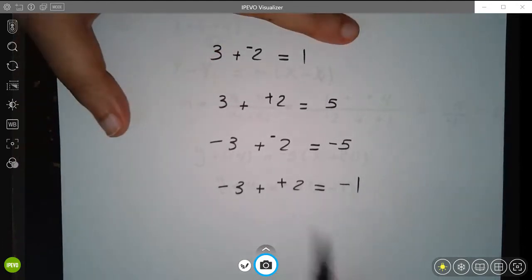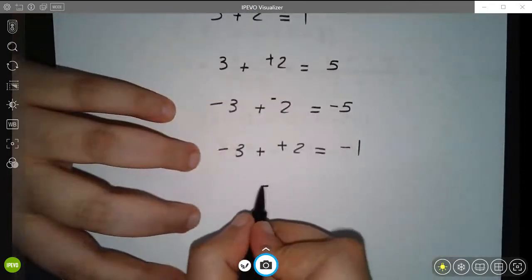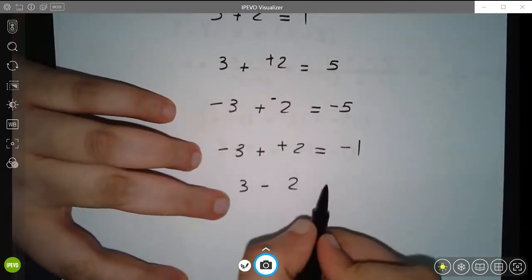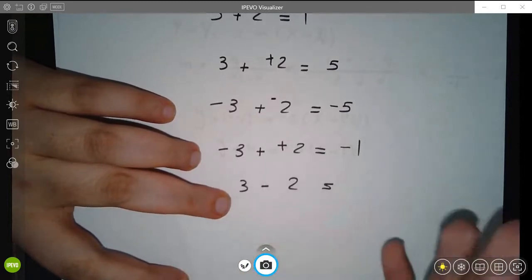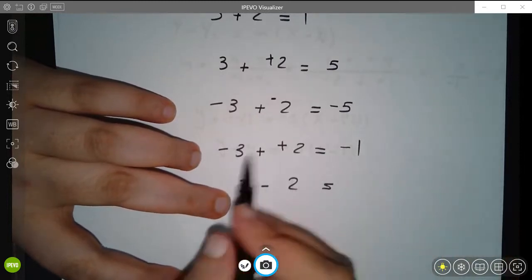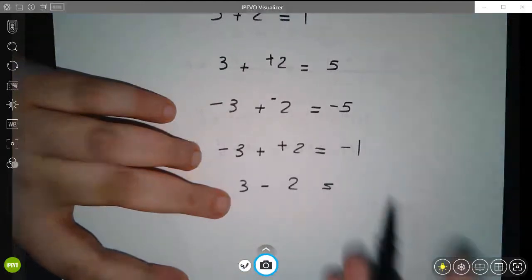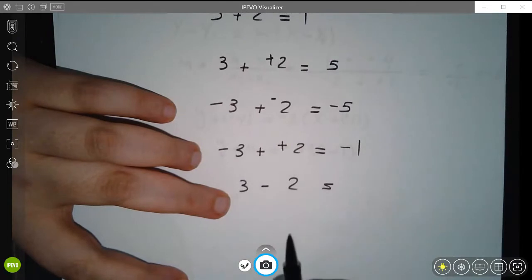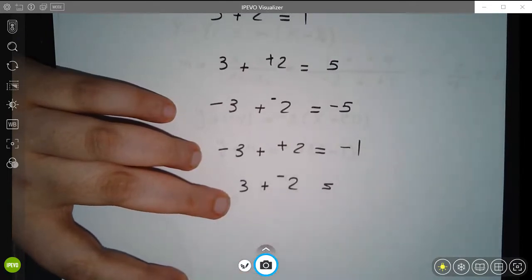Now, in order to do it correctly, you use this only when there's a subtraction between the two numbers, right? So only when this is subtraction, nothing else. So if it's an addition, it's already an addition. So turning it to subtraction actually makes it harder, so it defeats the purpose. Yeah. So it's a subtraction. Now, when I flip this to positive, you flip the sign of the number that follows it, no matter what it is.